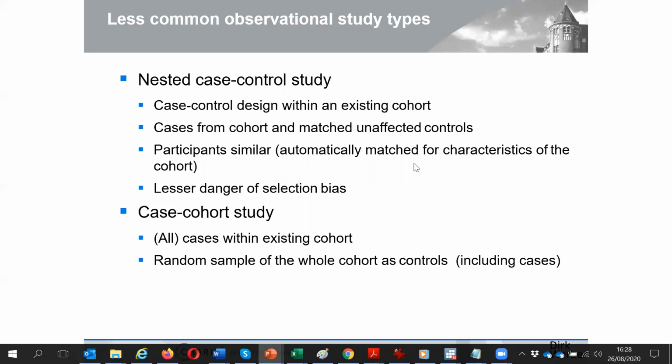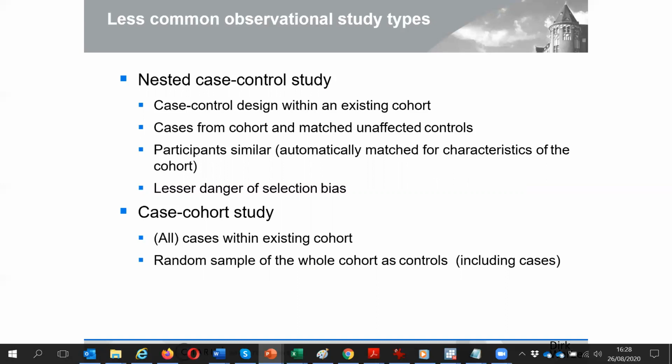We are conducting our case control study in part of an existing cohort. Remember, for cohorts, you start with your exposures.